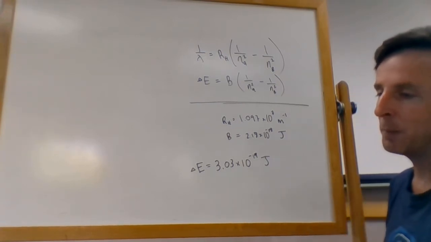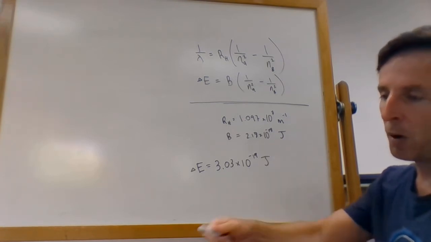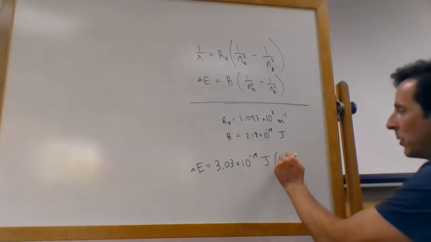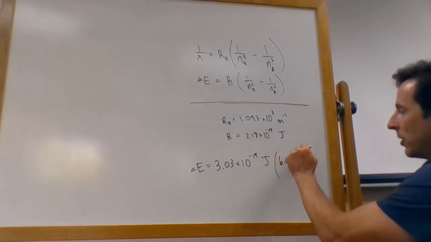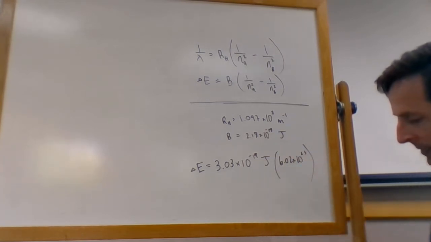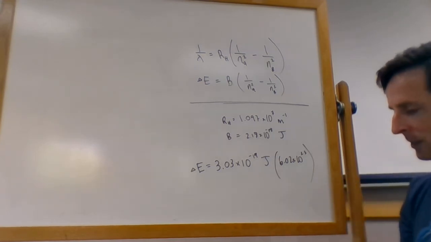So then I'm going to multiply that times Avogadro's number to get a mole of electrons. So I multiply by 6.02 times 10 to the 23rd, and that's going to give me the energy for an entire mole.